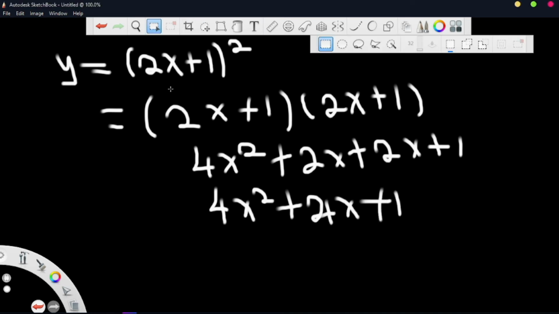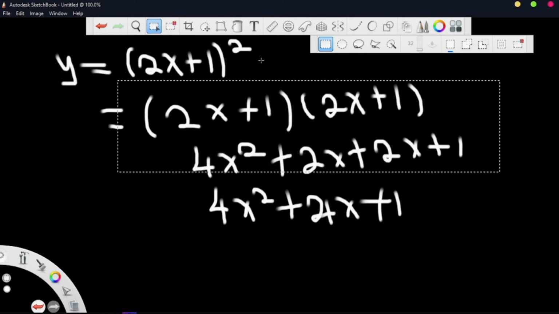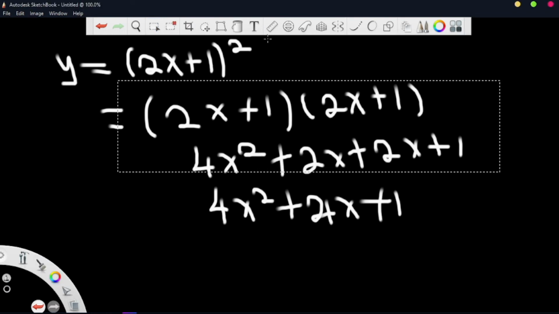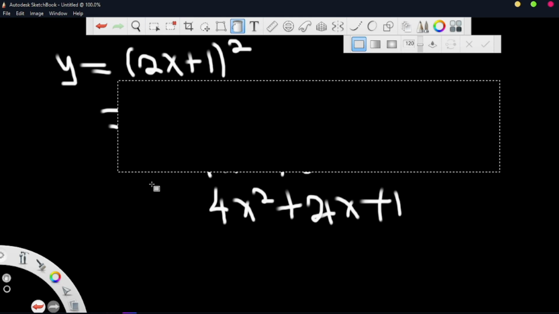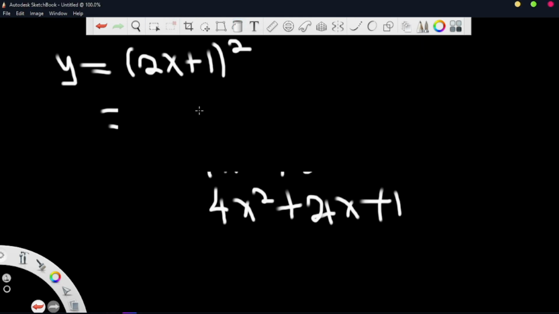So this is our expression: 4x squared plus 4x plus 1.